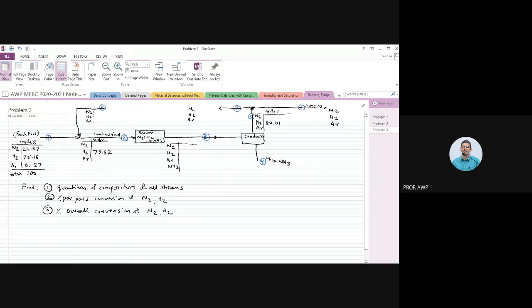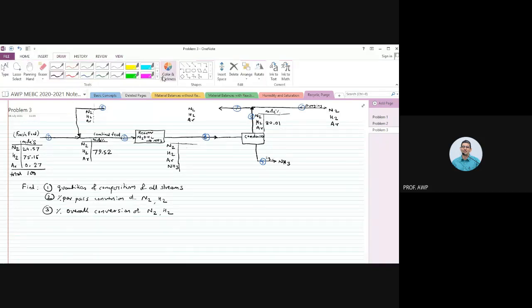Recall the general way of solving these recycle problems. We have broken the recycle stream into two streams, stream number 8 and stream number 7. Because we don't know anything about stream number 8, we are simply going to assume in terms of gram moles, X moles of nitrogen, Y moles of hydrogen, Z moles of argon, and then we are going to solve the problem.